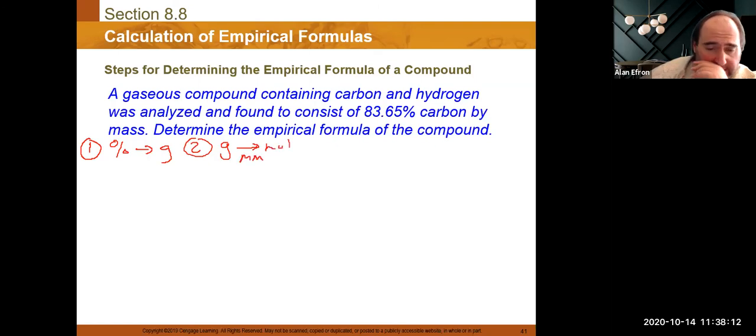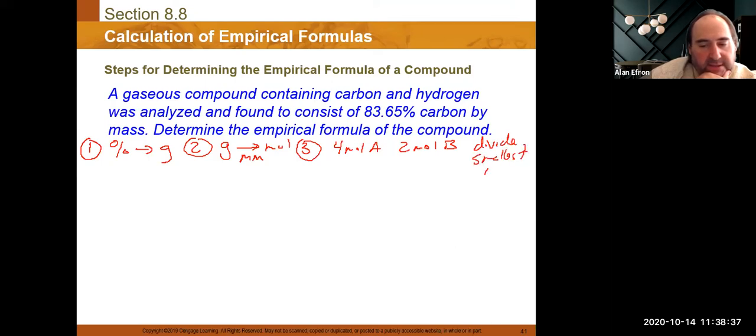Once you have everybody in moles, so for example, let's say I had 4 moles of A when I did it, and I also had 2 moles of B when I did that calculation. What you want to do is then divide by the smallest number of moles. So in my example, I would divide everybody by 2.